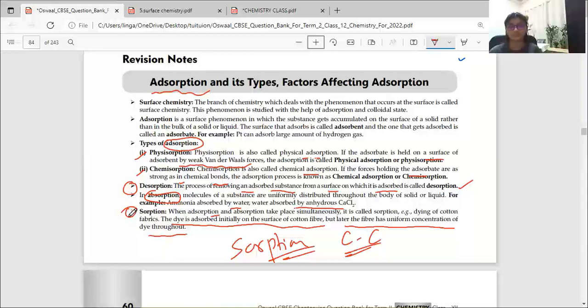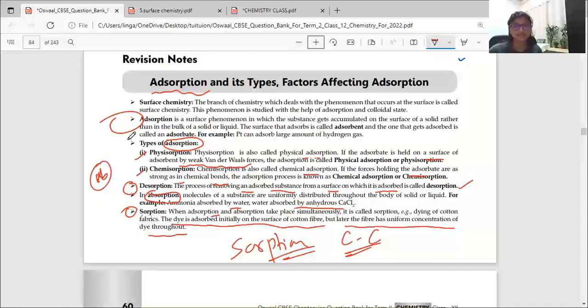So now we need to remember, sorption means adsorption plus absorption, both. Once again, adsorption: definition is clear, surface phenomenon. Absorption is also clear.